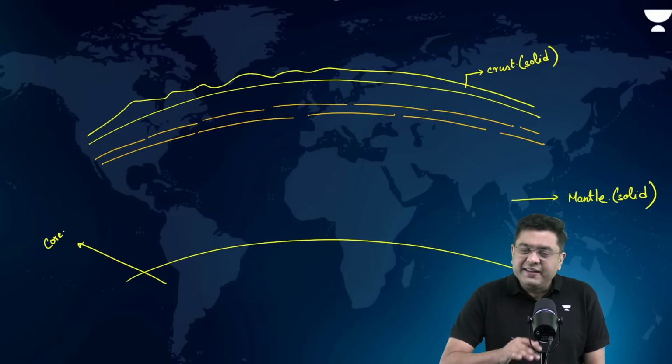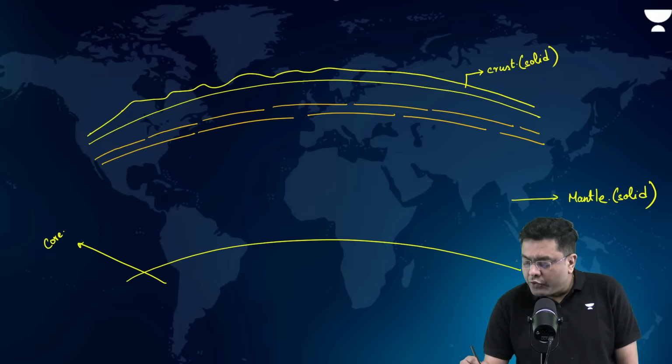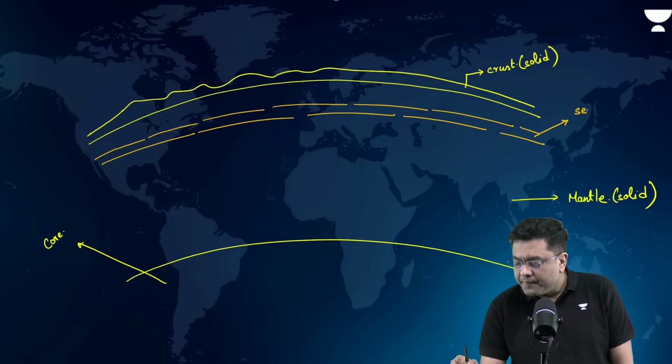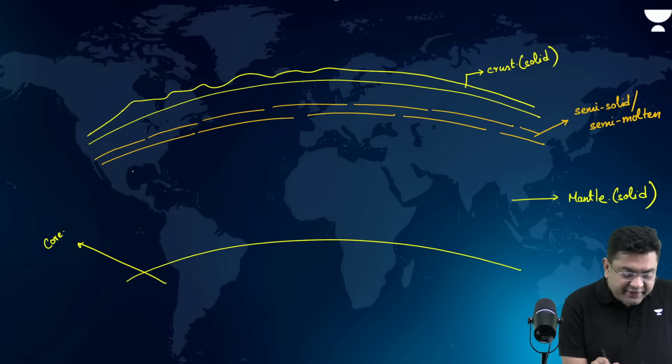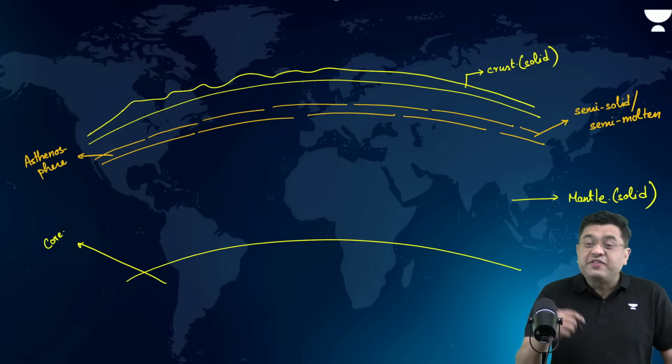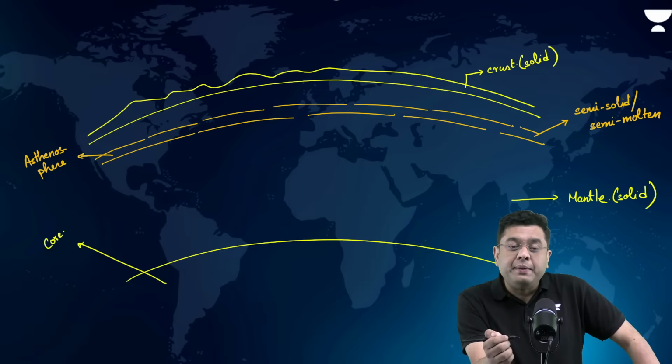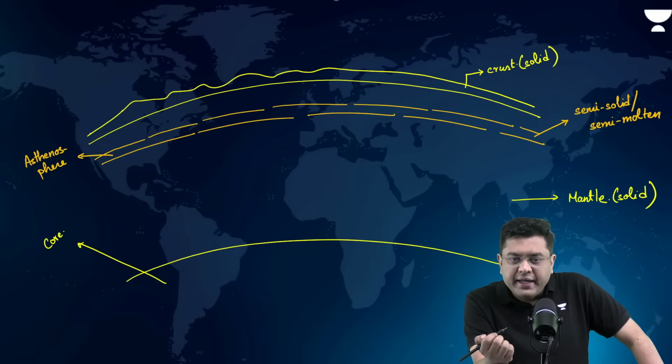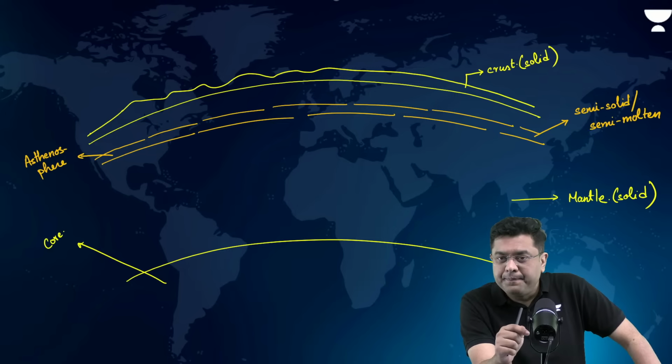Now, this is your layer which is referred to as asthenosphere. Asthenos refers to something which is weak, and hence the name asthenosphere.